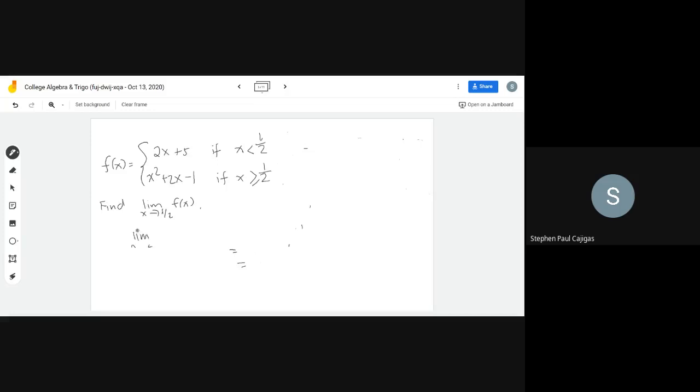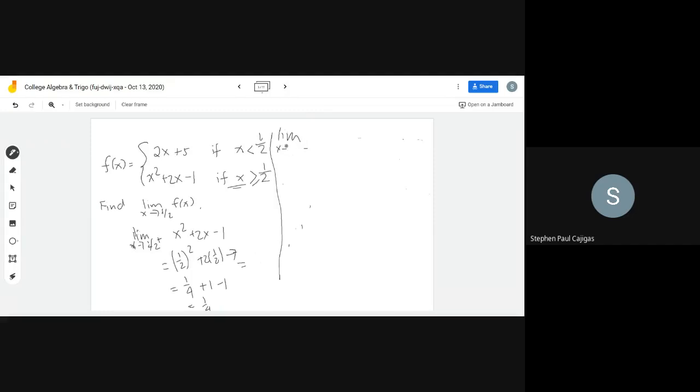Start with the right hand limit, as x approaches 1/2 from the right, so greater than 1/2. We use x squared plus 2x minus 1. This is 1/2 squared plus 2 times 1/2 minus 1, which is 1/4 plus 1 minus 1, so 1/4.